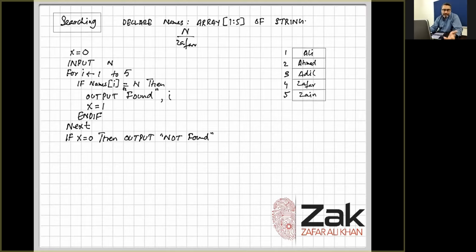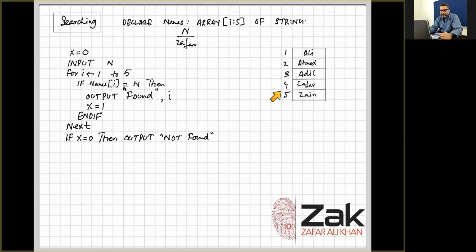Let's say that we have got this array from 1 to 5 and it has got names in it. The name of the array is name. Names are Ali, Ahmad, Adil, Zafar, Zen. So first we take input n. Let's say n is Zafar. Now we are looking for Zafar in this array.